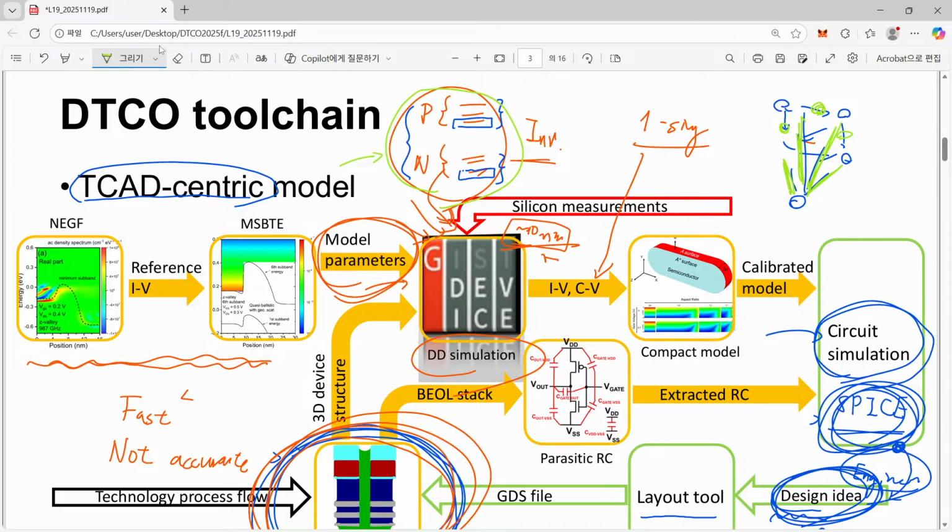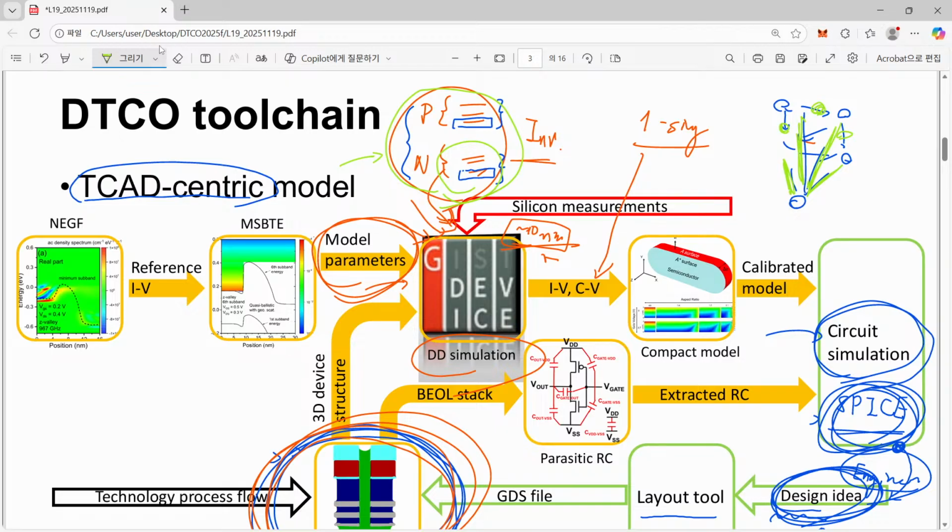And previously, in our previous technologies with the planar MOSFET, it was allowed to analyze each device individually. However, nowadays, even, for example, FinFET, we have different devices. Their interconnection mainly comes from the source and drain.